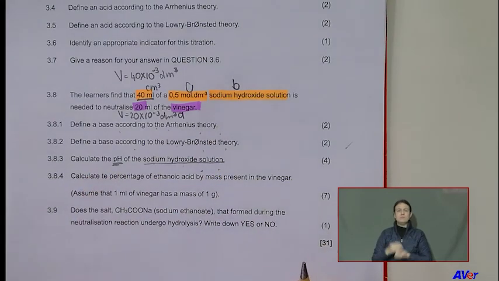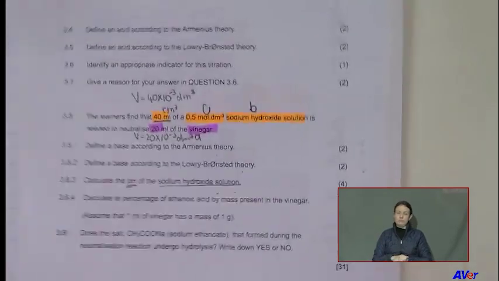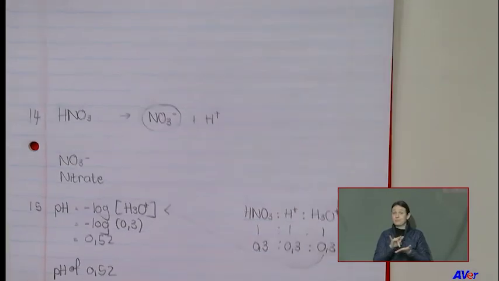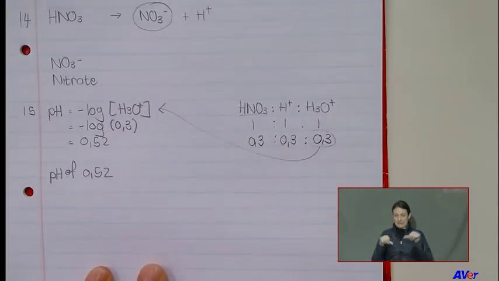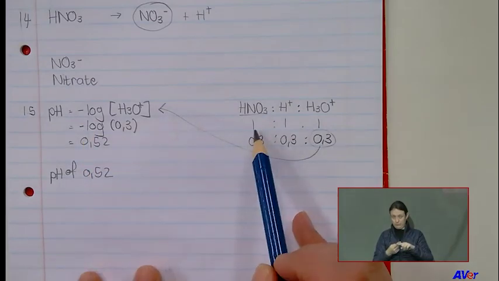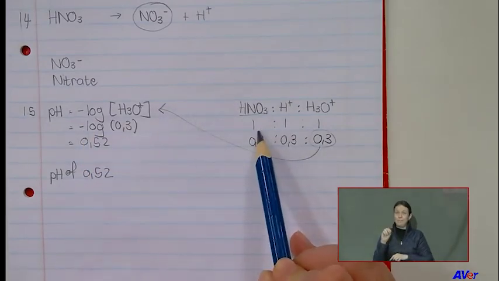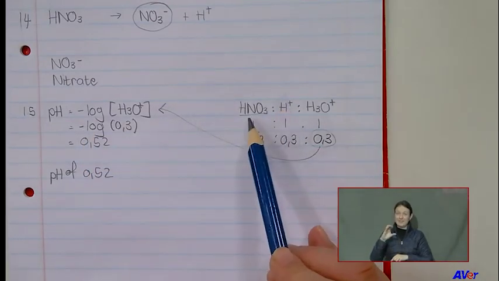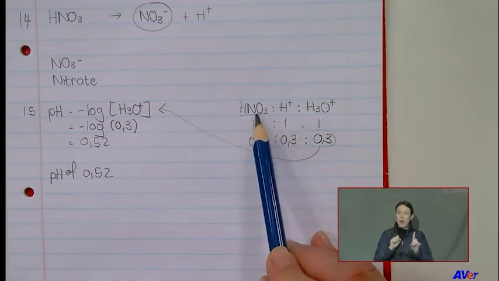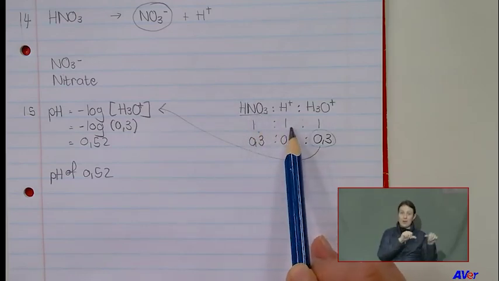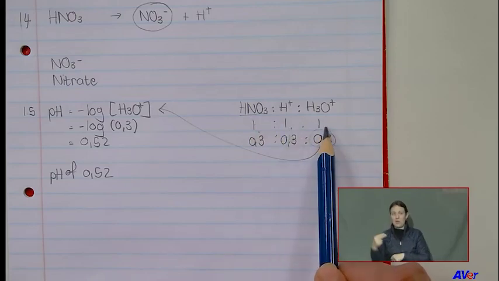Now, when you have to calculate the concentration of an acid, if it is a monoprotic acid, like we saw last week, it will ionize in a ratio of 1:1. So one acid will form one hydrogen, which means it will form one hydronium.